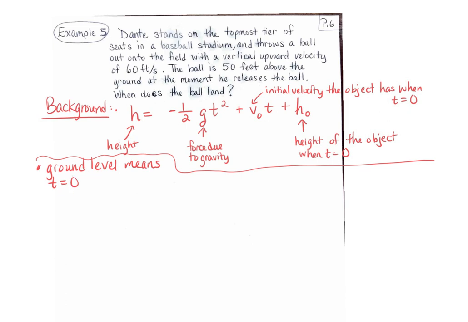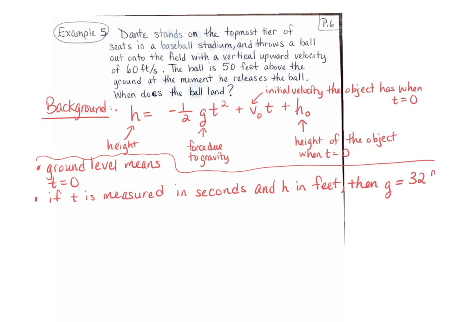Okay, if t is measured in seconds and h, which is our height, measured in feet, then our force due to gravity, g, is equal to 32 feet per second squared.